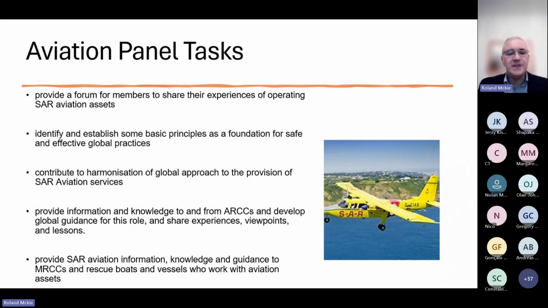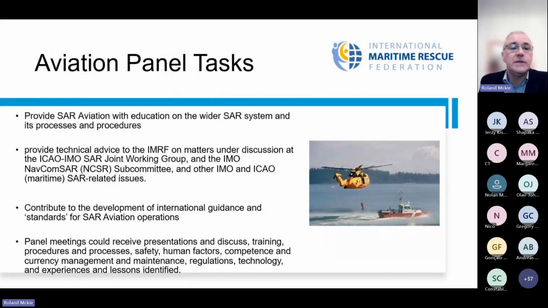And also provide SAR aviation information, knowledge and guidance to MRCCs and rescue boats and vessels who work with aviation assets. So as I said, we would like to create a forum for discussion and sharing of information and learning and offering improvements for people's procedures and processes, maybe for international procedures and processes.